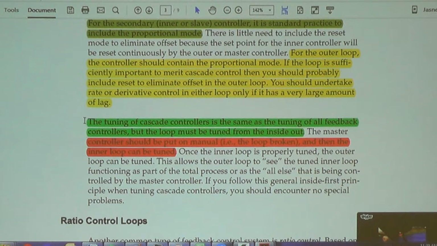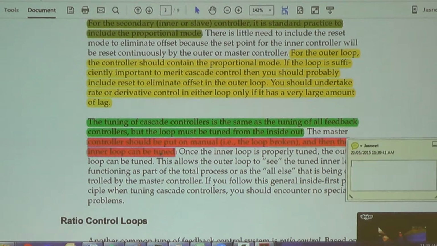Then you can write down the sequence. First put both inner and the outer loop in manual mode. So the sequence is: inner and outer loop both in manual mode.